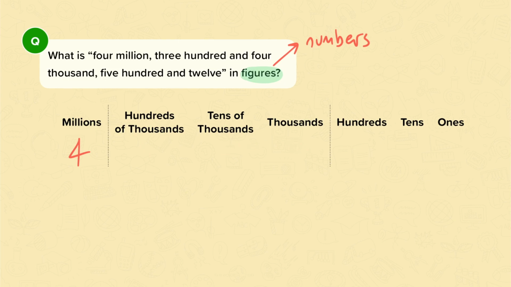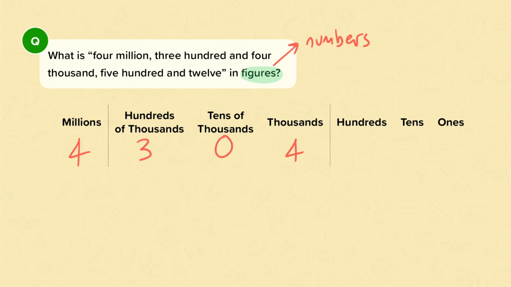So the 3 goes in the hundreds of thousands. But it's 304,000, so we don't put a 4 here. The 4 is actually going to go here. But I can't leave anything blank. I need to put a placeholder in. A placeholder is simply 0.